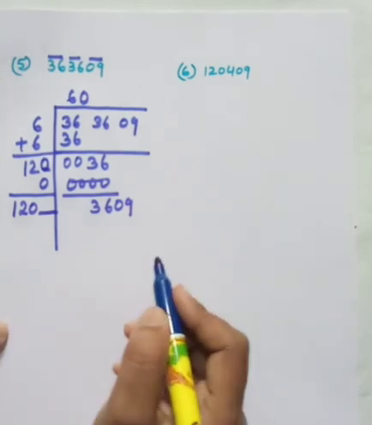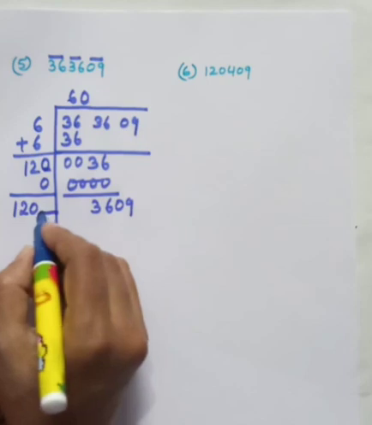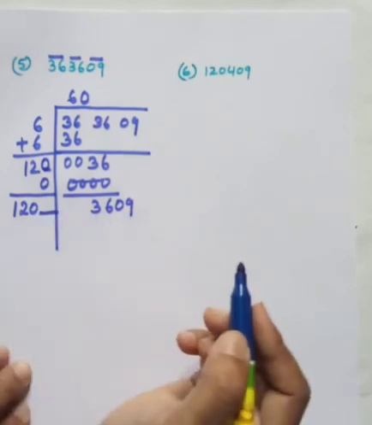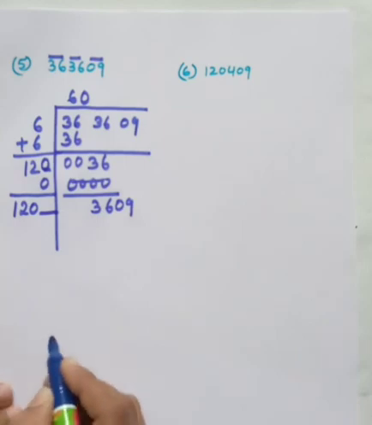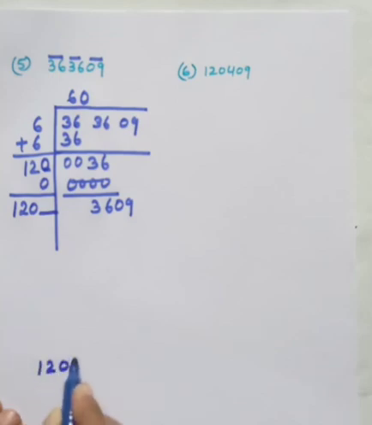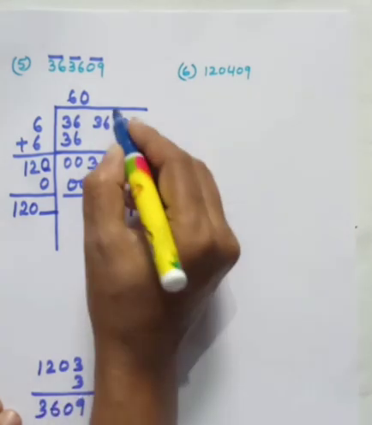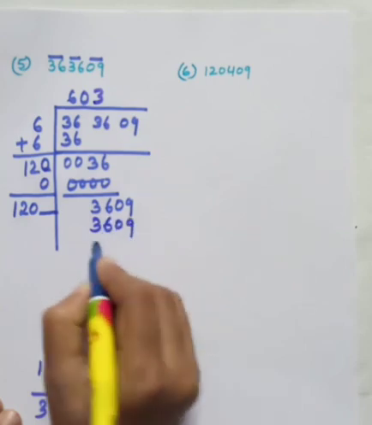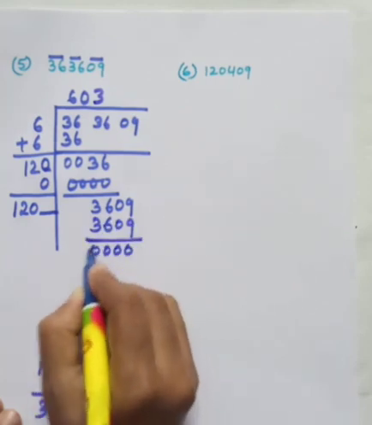So what will you do? Here you have to see for 7 7s are 49 or 3 3s are 9. So then only you will get 9 in the units place. So let us see 1203 first. So 3 3s are 9, 3 zeros are 0, 3 2s are 6, 3 1s are 3. So you are getting 3609. So remainder is 0.